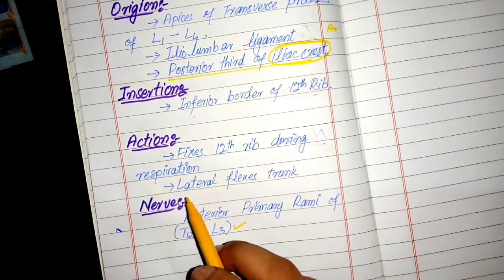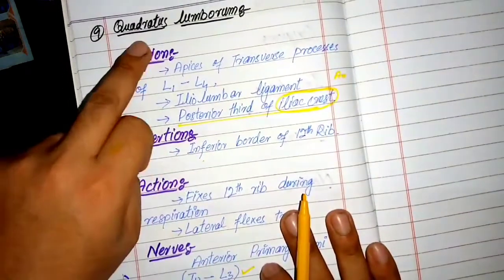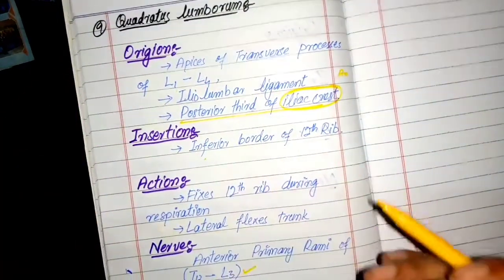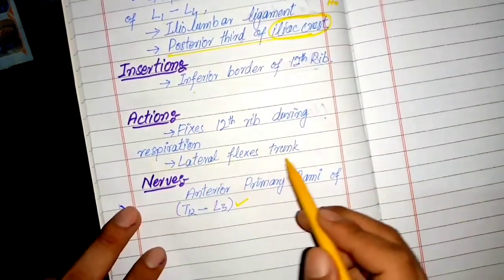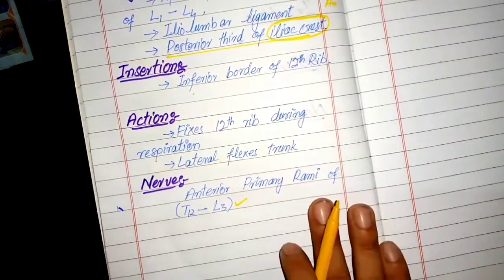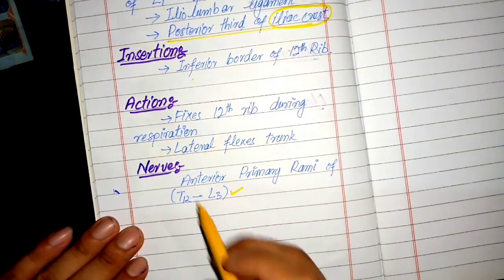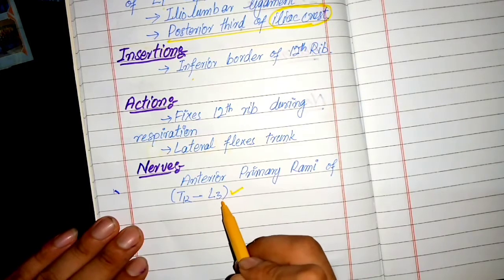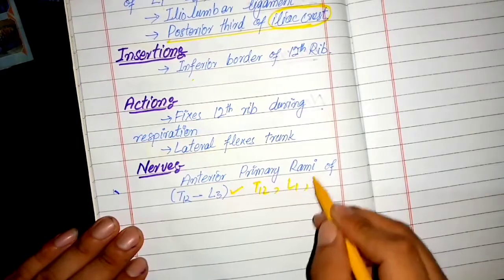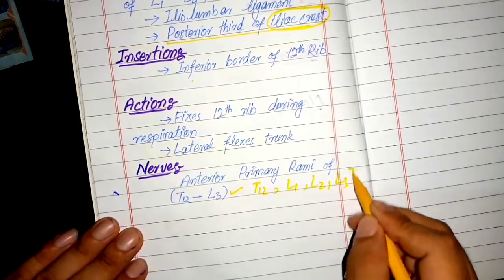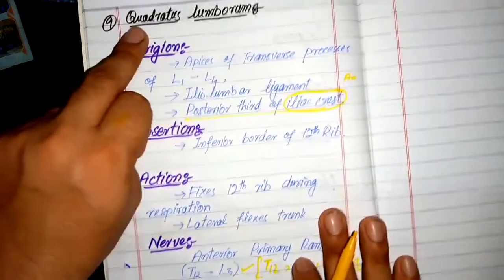It means that whenever we inspire or expire, the quadratus lumborum muscle helps by fixing the 12th rib in its position. It also laterally flexes the trunk, and its nerve supply is the anterior primary rami of T12 to L3, meaning T12, L1, L2 and L3. Alright, so these are the nerve roots for the nerve supply of the quadratus lumborum.